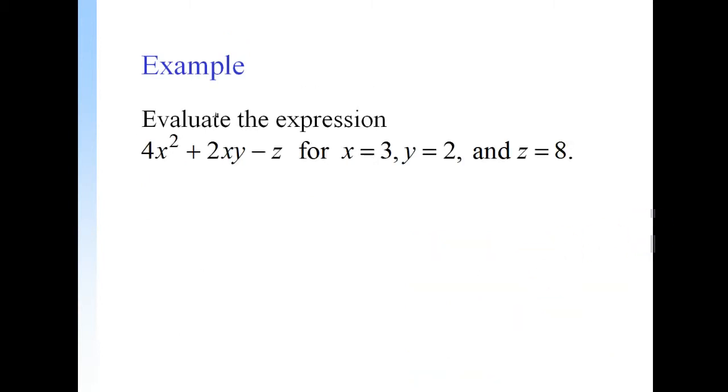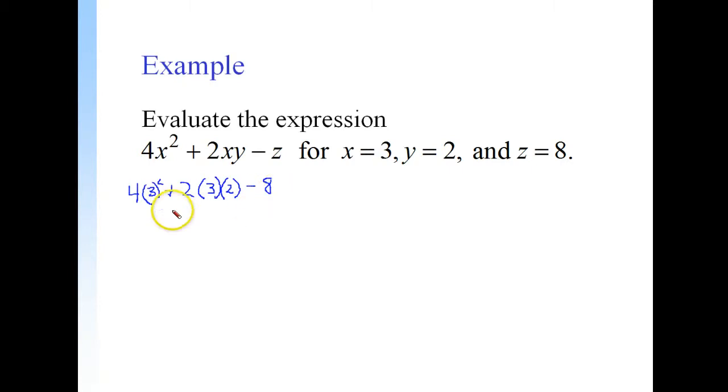All right, let's take a moment for this one. And again, we had the students write this out in class. So this will be 4 times, now x is going to be 3 squared, plus 2 times 3 times 2 minus, which is our 8 over there, 8.